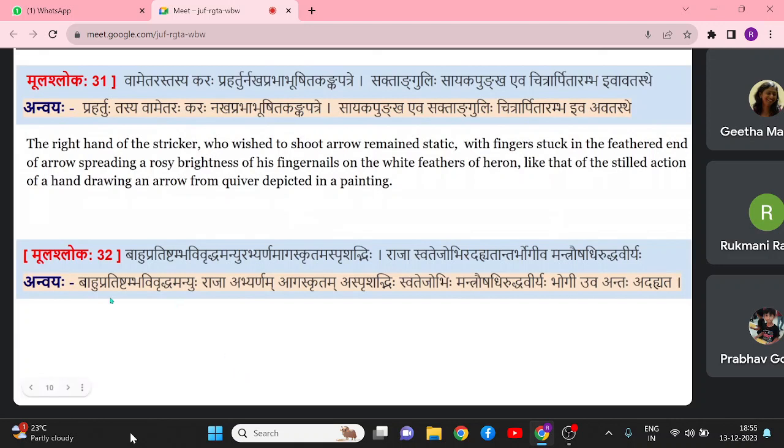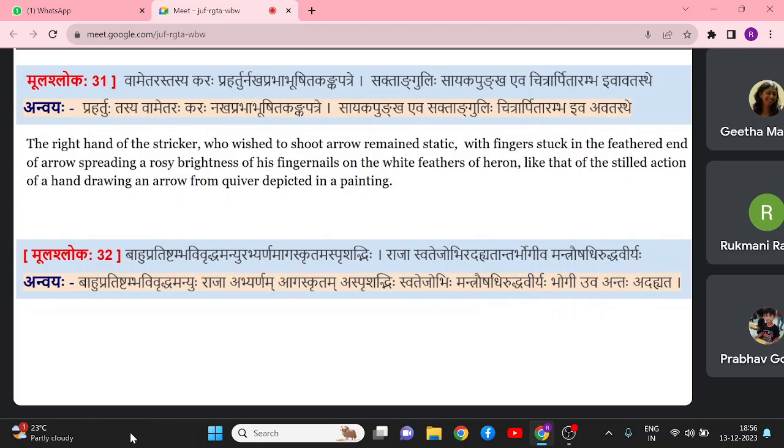This Mula Shloka is 32. It says, Bahu Pratishtamha Vritta Manyuhu Raja Abhyarnam Agaskritam Asprushattihi Swatejobihi Mantroshadiruddha Viryaha Bhogi Uva Antaha Adahyata. So this is actually telling the plight of the Raja.